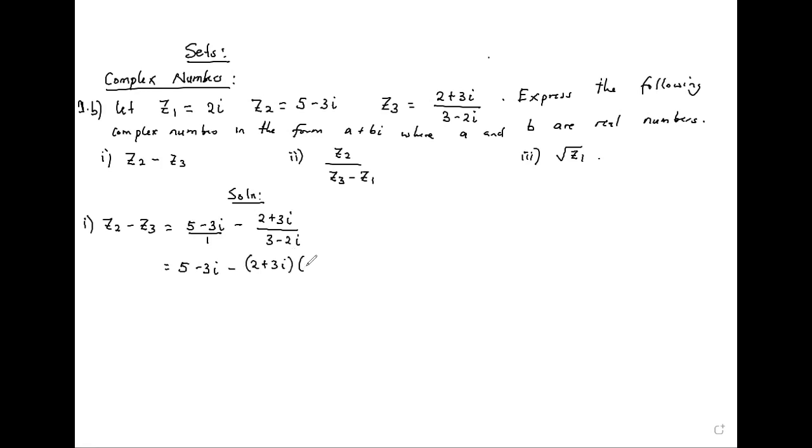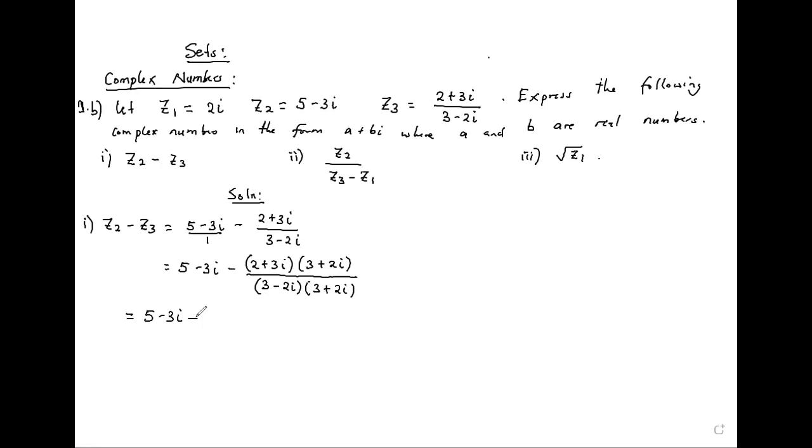multiplied by 3 plus 2i, multiplying by the denominator's conjugate, 3 minus 2i multiplied by 3 plus 2i. Then you say, so now I have 5 minus 3i minus, we multiply the numerator now.